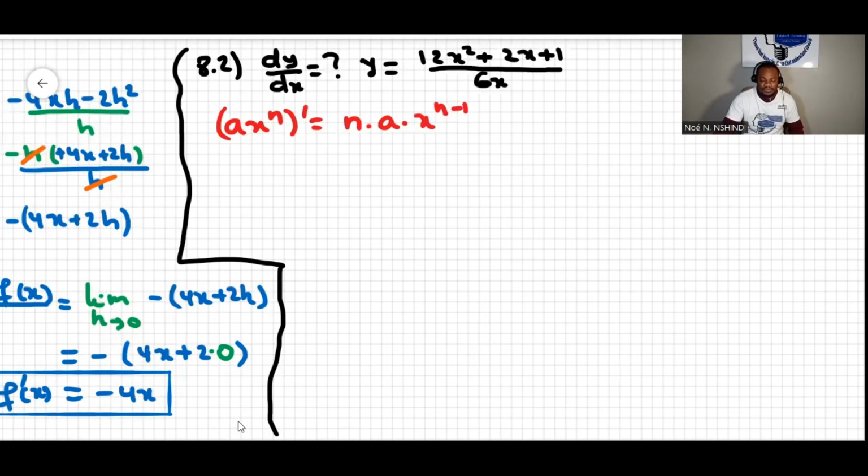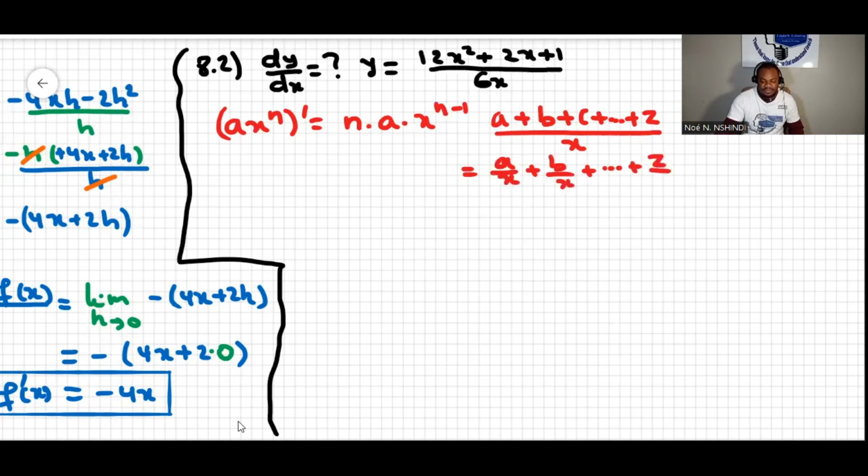And it is also important to note that (A plus B plus C plus ... plus Z) over X is equal to A over X plus B over X plus C over X plus ... plus Z over X. So we can split the fraction like that.